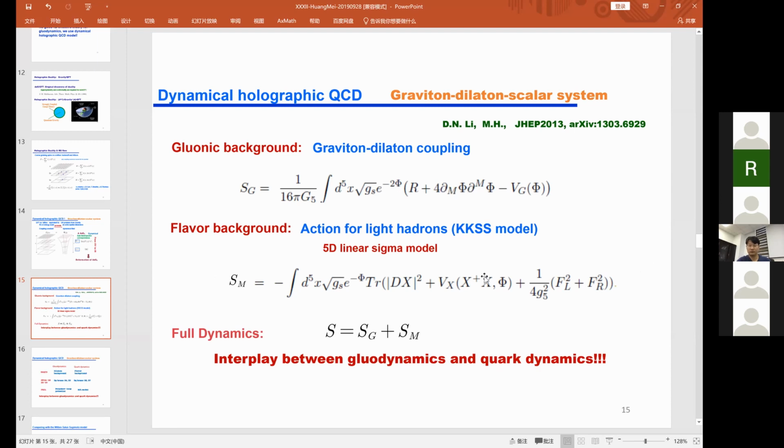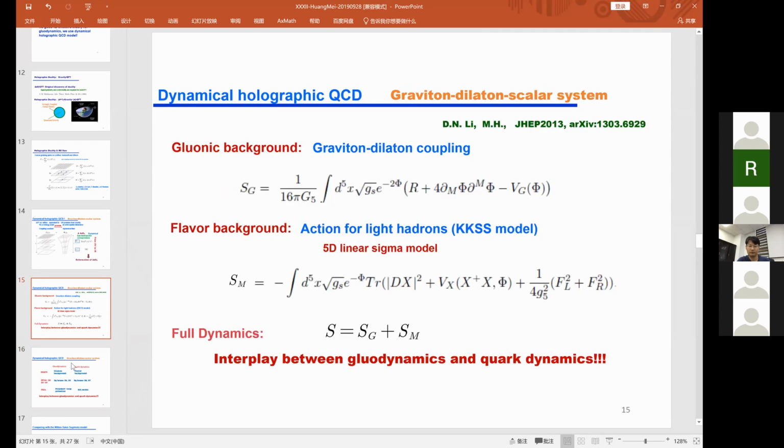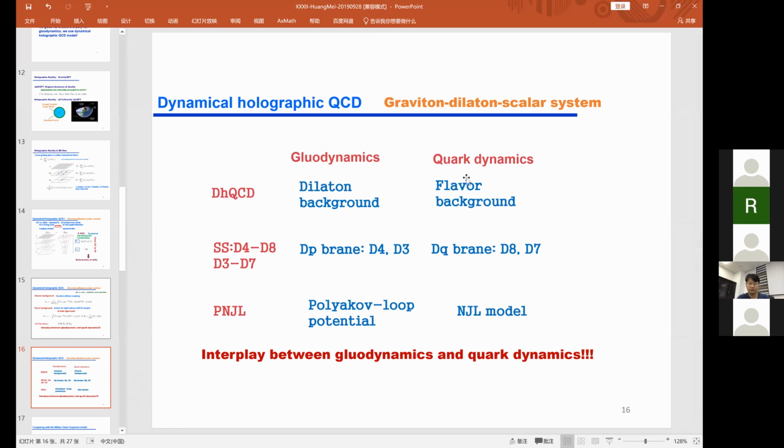The soft wall model is like a second model, and this gluodynamics background plays the role of the Polyakov loop potential. So I think this is the difference.